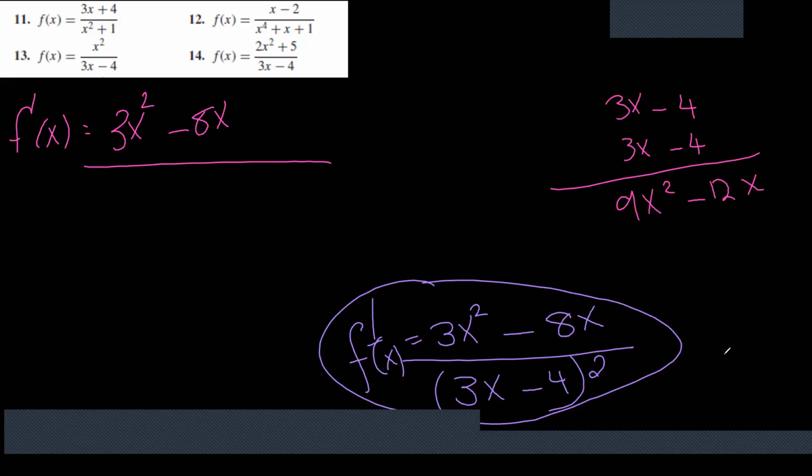And then negative 4 times 3x is also negative 12x. And negative 4 times negative 4 is plus 16. So the final answer here is 9x squared minus 24x plus 16.